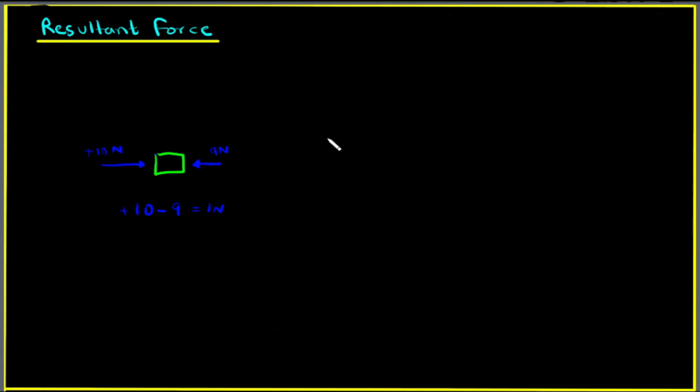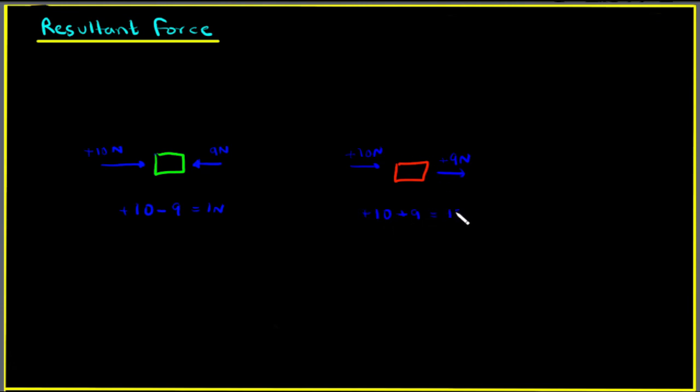In another case, when we have another object, and we see the forces acting on this object, for example 10 newtons acting in the rightward direction, and another, for example 9 newton force, acting in the same direction as the 10 newton force, then since both of the forces are acting in the rightward direction and we associated the positive sign with the rightward direction, in that case both of the forces will have positive signs and they are going to add up.